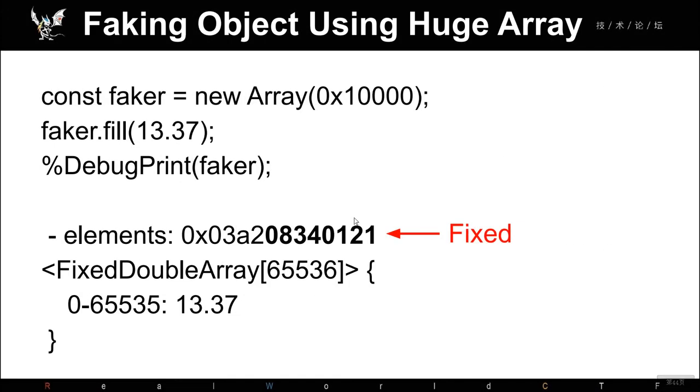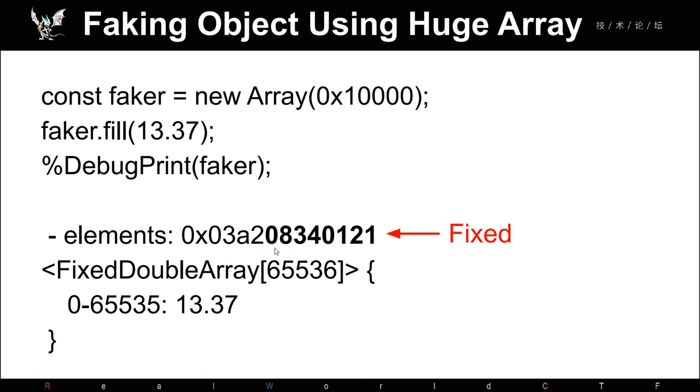So let's have an example for this. Firstly, we create an array with a very large size and fill it with a floating point number. Then we debug print this array. In the element field, we can see that the low 32 bits of the address is always a fixed value in different rounds.